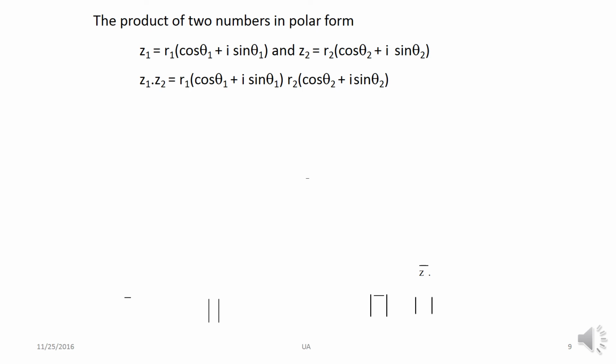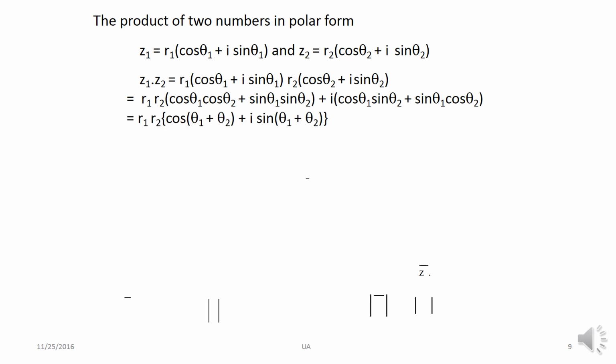We can multiply these and write it as r1 r2 into the bracket (cos theta 1 cos theta 2 minus sin theta 1 sin theta 2) plus i (cos theta 1 sin theta 2 plus sin theta 1 cos theta 2).